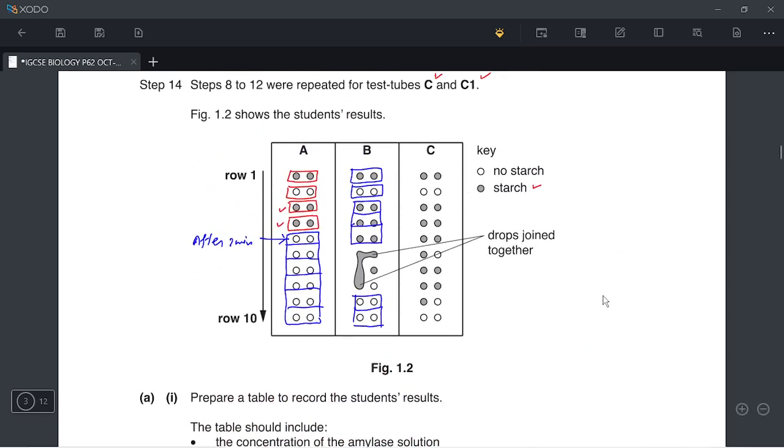In trial 1, it takes 6 minutes to digest starch, while this is trial 1, this is trial 2. Trial 1, trial 2, we can write here. Okay. For trial 2, you can see it takes 5 minutes to digest starch, right?